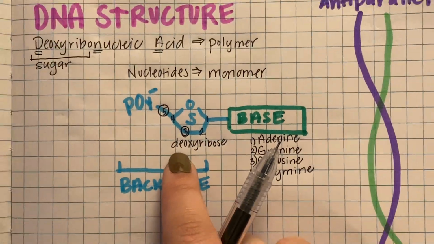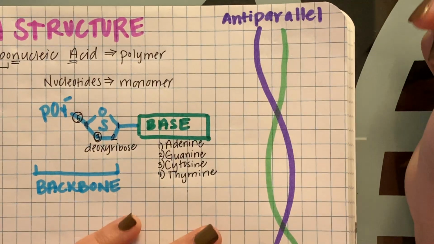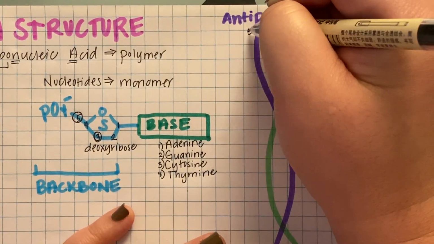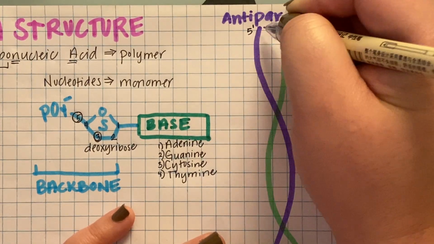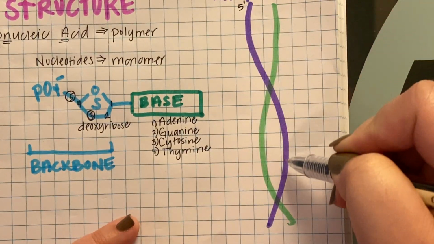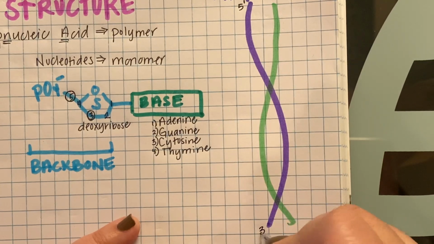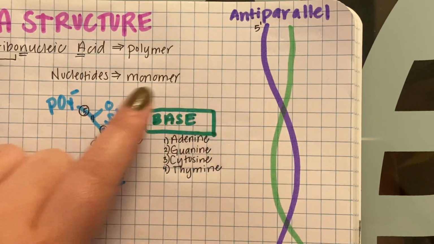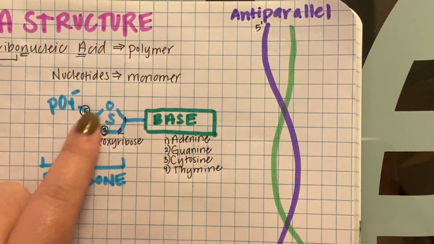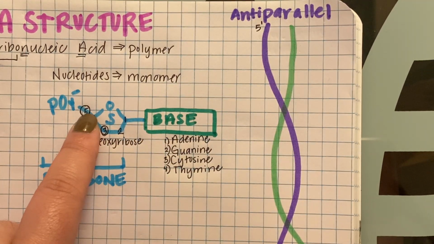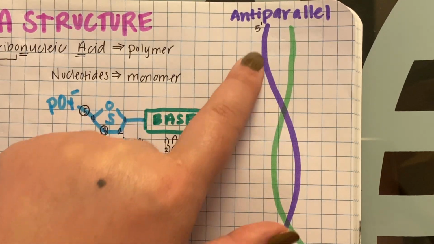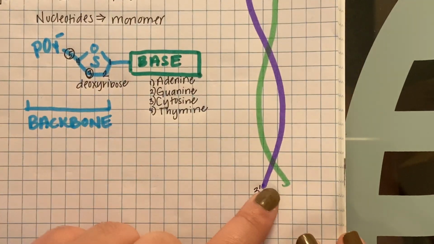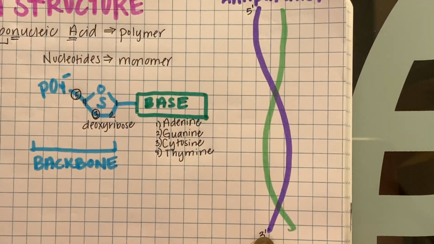So when we label directionality on a strand of DNA, we label from the 5 carbon end, and we call it the 5' end, and then just follow your squiggle all the way to the 3' end. Meaning, on this purple strand of DNA, my nucleotides would be oriented like this, where the 5' carbon is closer to this portion of my paper, and the 3' carbon is facing this end of my paper.